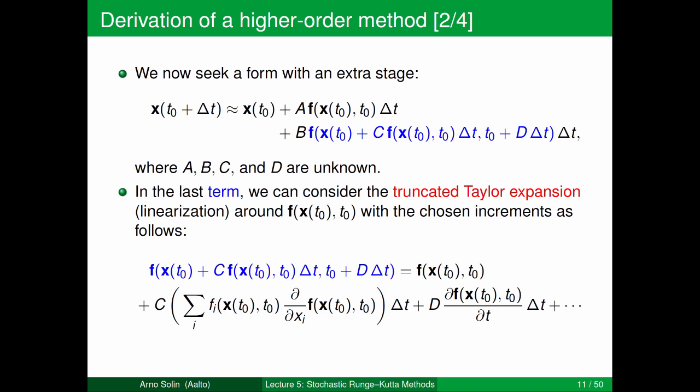In the last term, we can consider the truncated Taylor expansion, that means a linearization, around the function f evaluated at a given point. This means that we get the following expression for the blue part above.